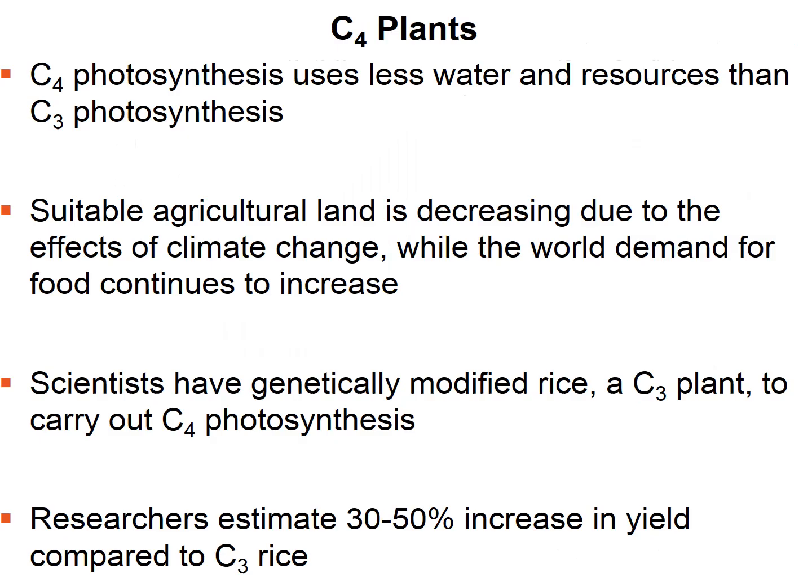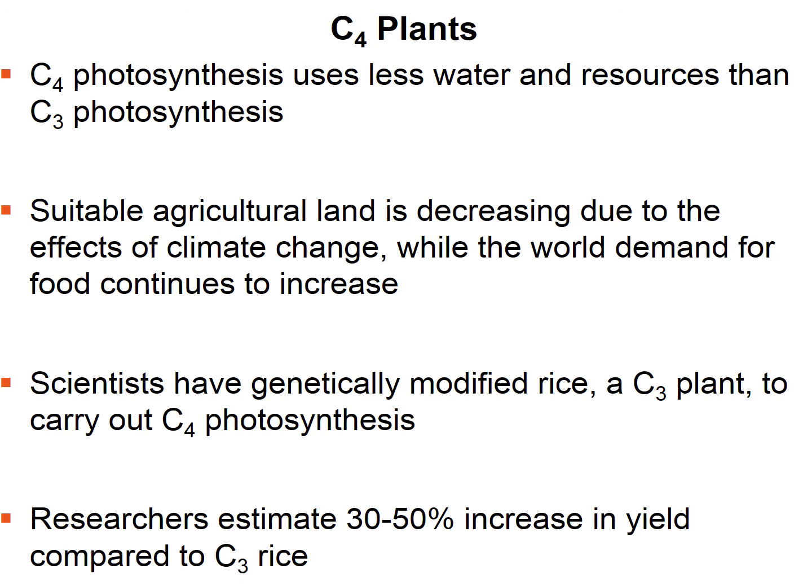C4 plants' photosynthesis uses less water and resources than what's used in C3 plants. This is good because suitable agricultural land has been decreasing, partially due to the effects of climate change, but the demand for food continues and is going to increase as the world population increases.